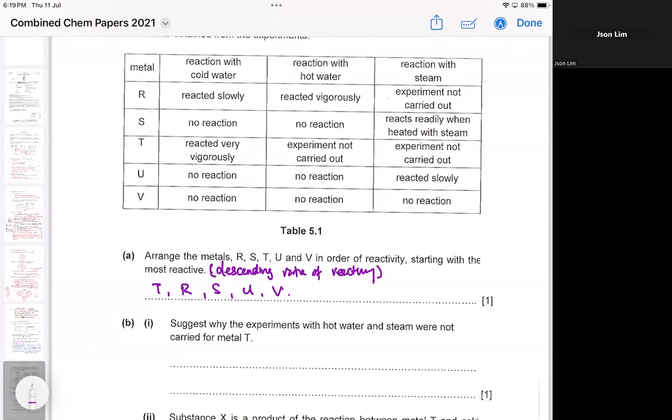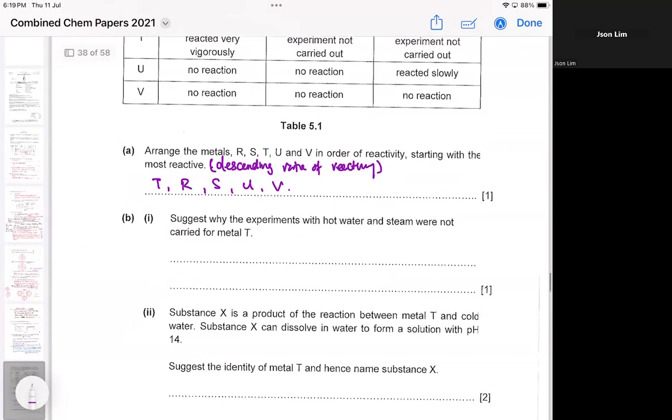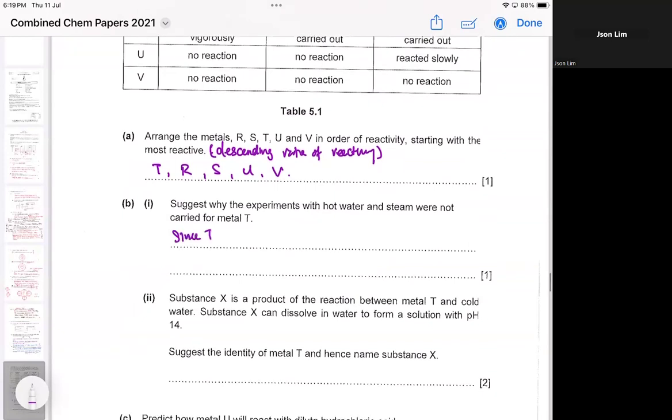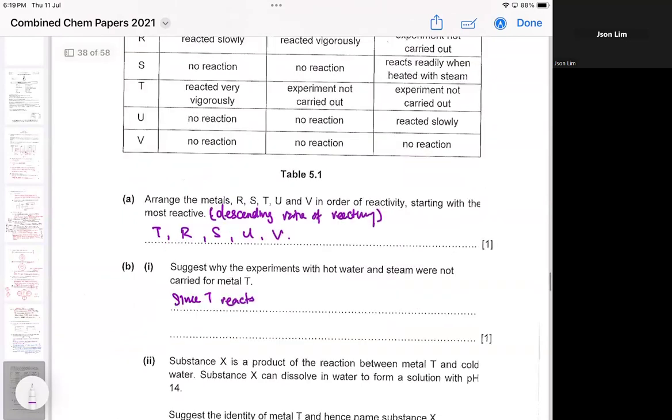Okay, so for this case, I'll use exactly the words it says over there: reacts very vigorously. Then I use the word may because I do not know how dangerous it is.